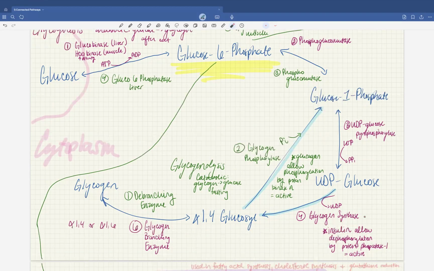So when glycogen synthase is dephosphorylated, it's active. And then from here, we have alpha 1,4 glucosyl. And then using the glycogen branching enzyme, we can make glycogen because you can have an alpha 1,4 linkage or an alpha 1,6 linkage.